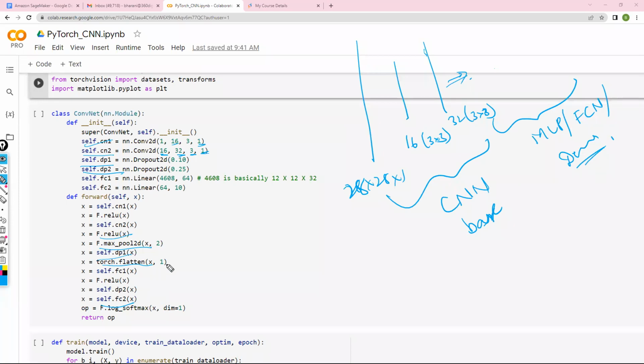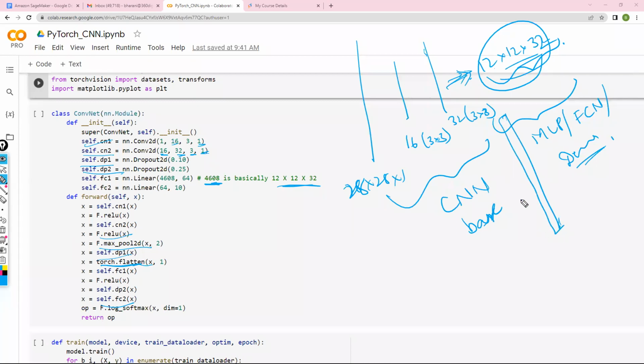Typically at this stage, you'll get an output of 12 by 12 by 32 dimension. You multiply those to get a single dimension. That's called flattening. When you flatten, you want this to be in single dimension because your multi-layered perceptron expects input in single dimension.